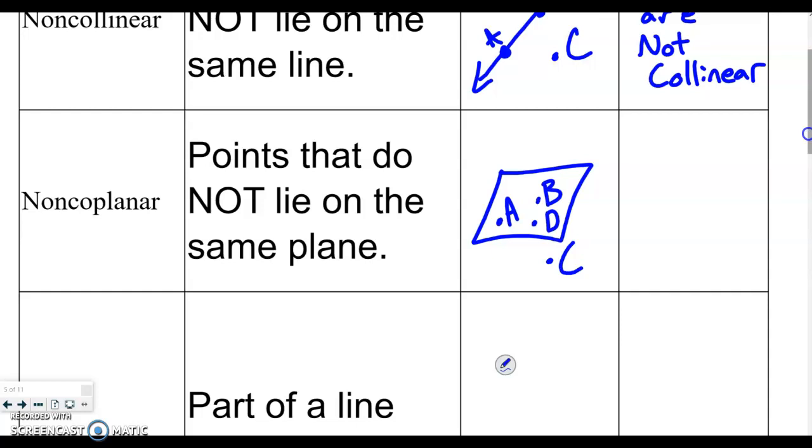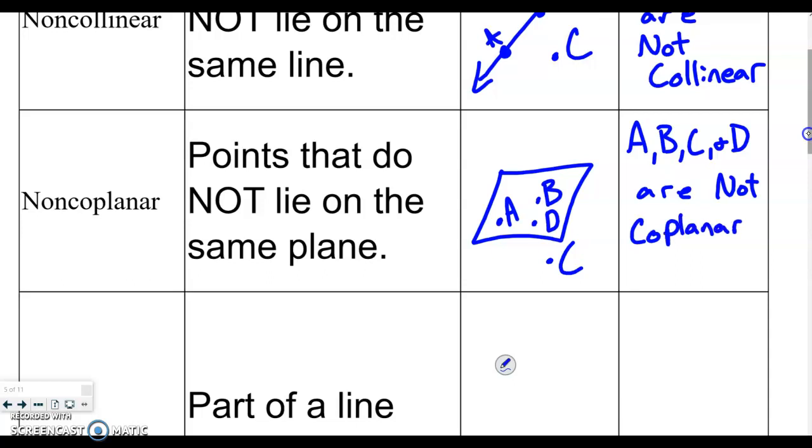So A, B, C, and D are not coplanar. A, B, and D are coplanar, but if we included C in that, it would not. They are non-coplanar, so they're not on the same plane.